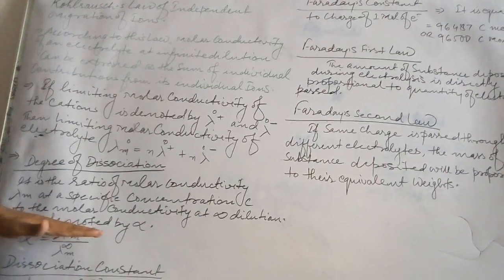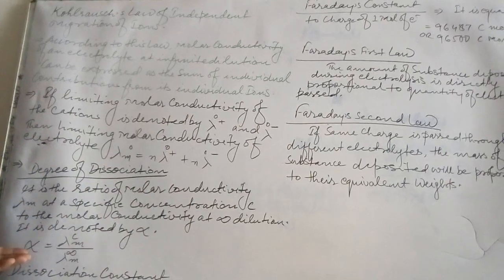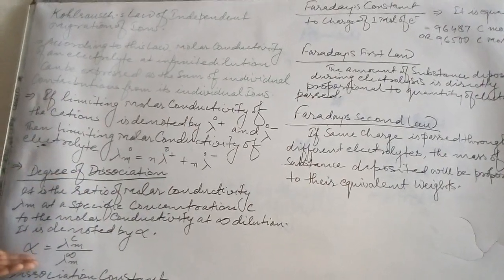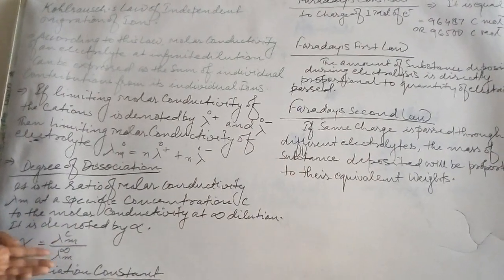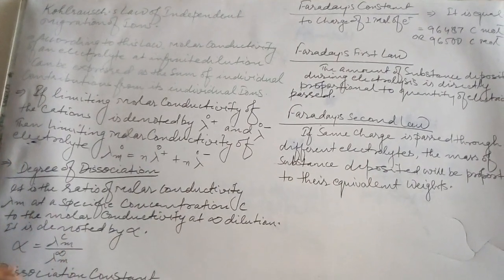It is denoted by alpha. So degree of dissociation alpha is equal to lambda m at C upon lambda m infinite.